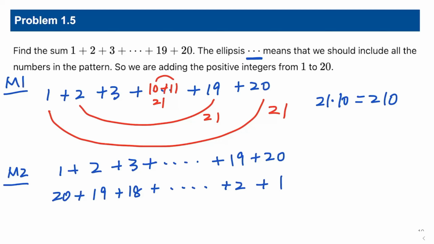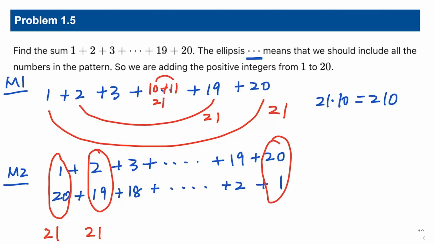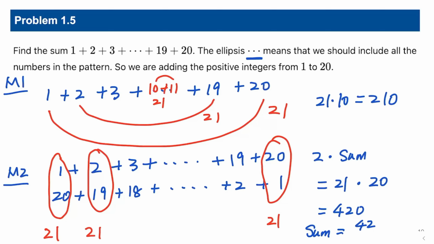Now, we're going to add these two lines together. 20 plus 1 gave us 21. 2 plus 19 gave us 21. 20 plus 1 is 21. So 2 times the sum equals 21 times the number of numbers in this series, 20. So 420. Then what is the sum we are looking for? 420 divided by 2, which is 210. The same result, different method.